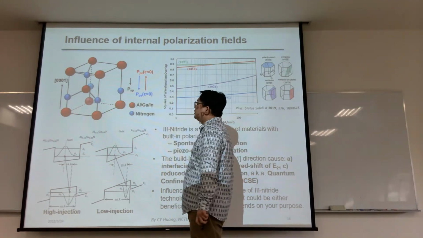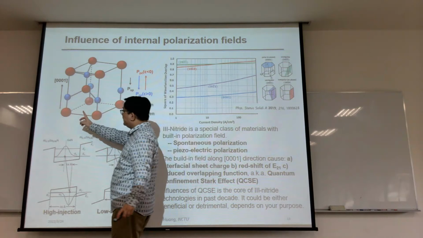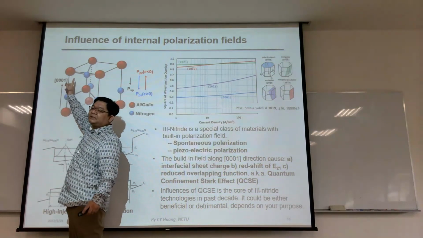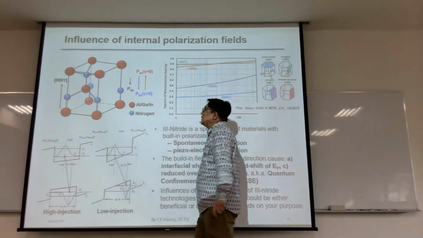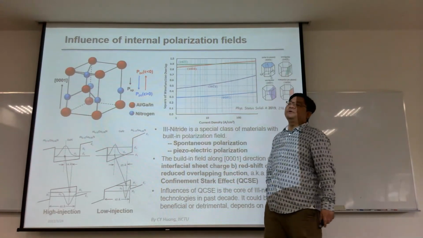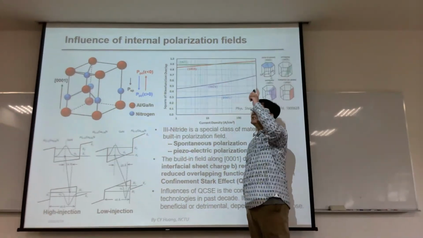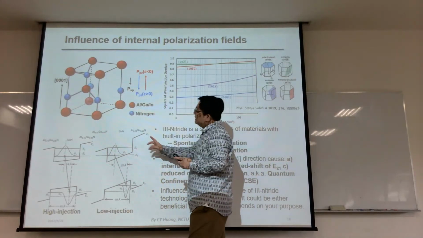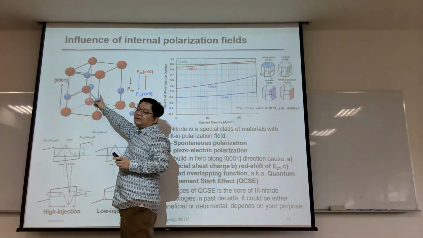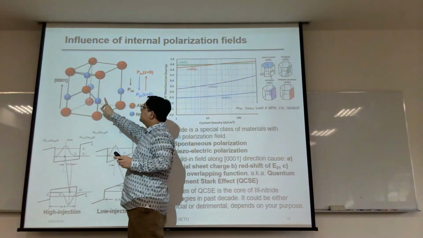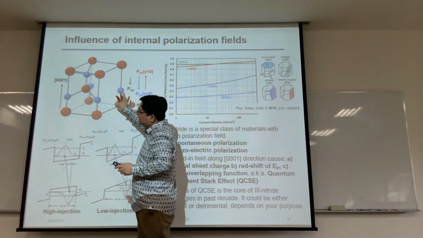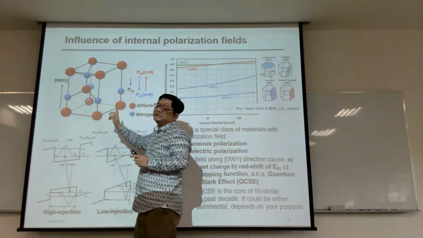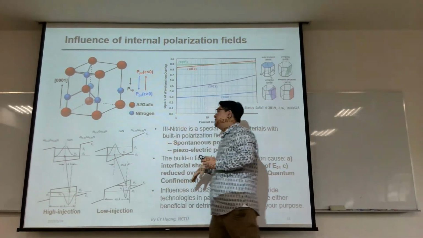But for gallium nitride, the direction of 001 differs from the others. Anyway, the C axis breaks the symmetry, so the positive ions and the negative ions have a polarization along the C axis.